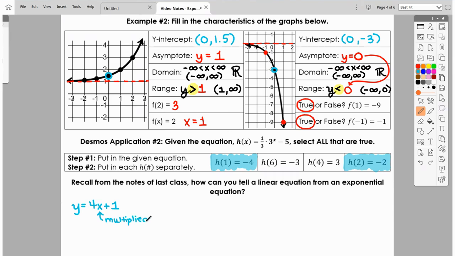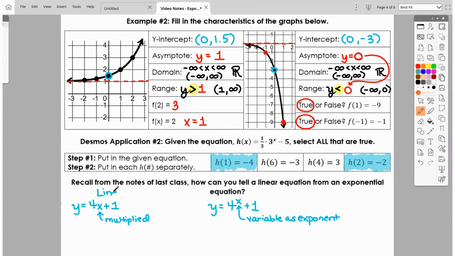When we have an exponential equation, let's write one similar. Y equals 4 to the power of x plus 1. As you see, the x variable is no longer multiplied. We have the variable as an exponent here. So again, for our linear, that's going to be the first example here.